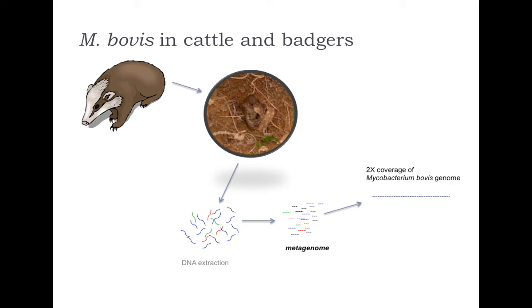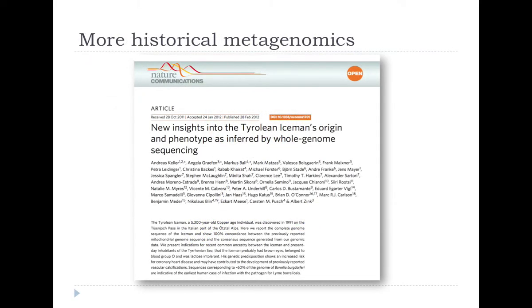Well, in fact, Liz did that in her group. She gave us the DNA. We sequenced the metagenome, and when we did this kind of alignment against a reference, we found twofold coverage of the Mycobacterium bovis in that sample without any attempt at optimizing or trying very hard indeed. So again, it shows that there's proof of principle here.